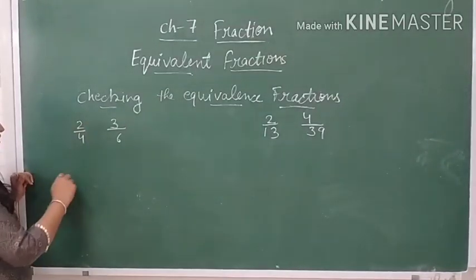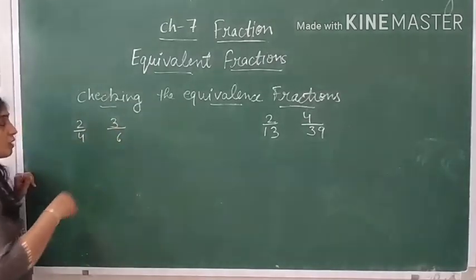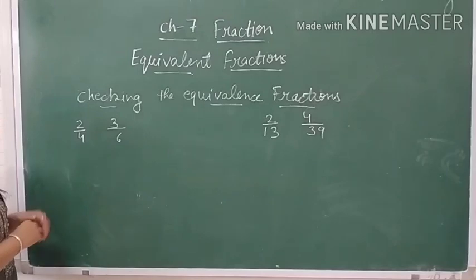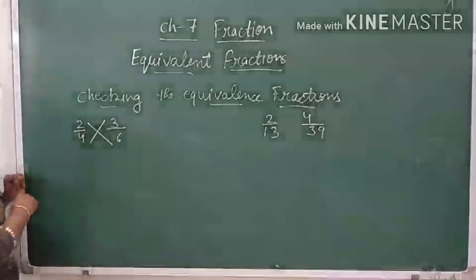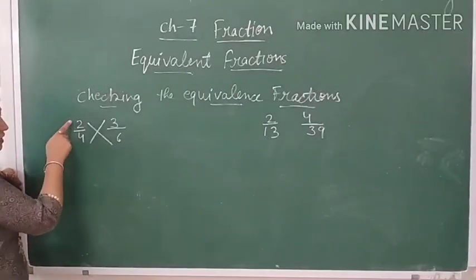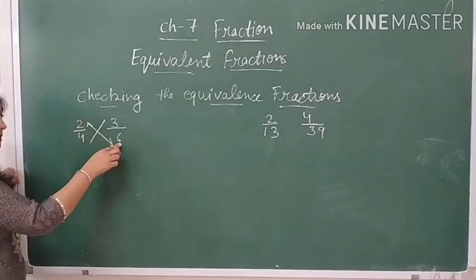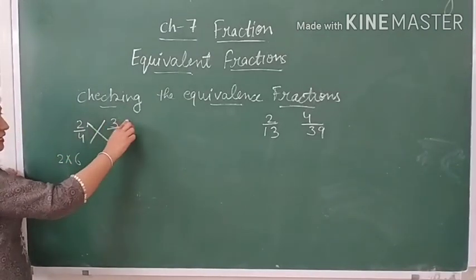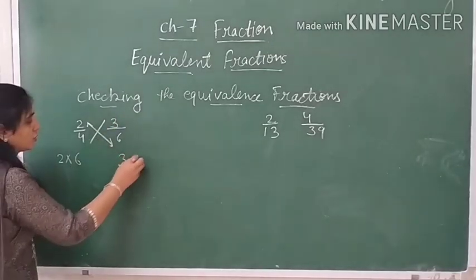See, I have the fractions 2 by 4 and 3 by 6. You have to check, are these equivalent or not? क्या equivalent है या नहीं है? So cross multiplication, it means you have to put it in this way. See, the first 2 multiply by 6. 2 multiply by 6. See the numerator here, 3, and 3 is going to multiply with 4.